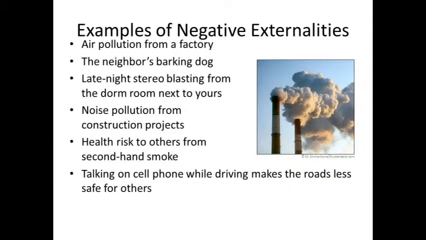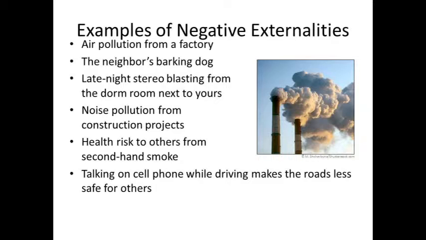So let's talk about negative externalities first. A negative externality is a cost that is suffered by a third party as a result of an economic transaction. In a transaction, the producer and the consumer are the first and second parties, and the third party may include individuals, an organization, a community, a property owner, or any resource that is indirectly affected.